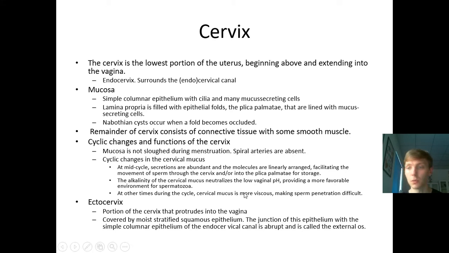Normally in the vagina, the environment is not friendly for sperm. But in the menstrual cycle, around day 14, there is higher alkalinity, and the mucus which blocks the cervix becomes much thinner. At other times during the cycle, cervical mucus is more viscous, making sperm penetration difficult.